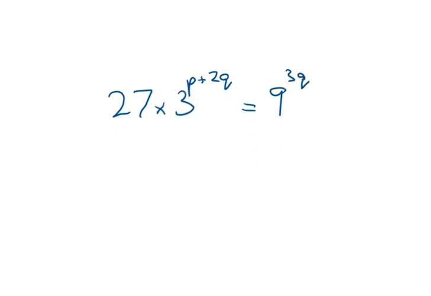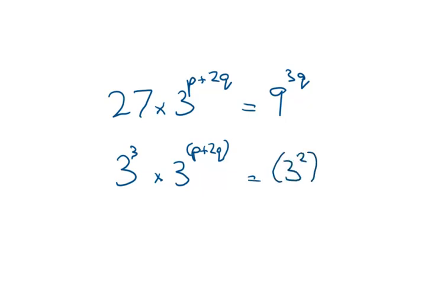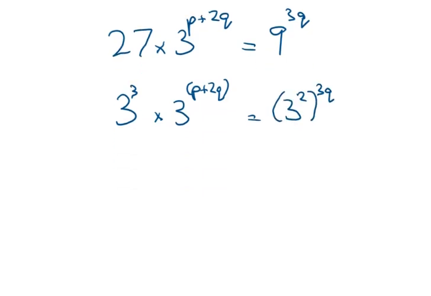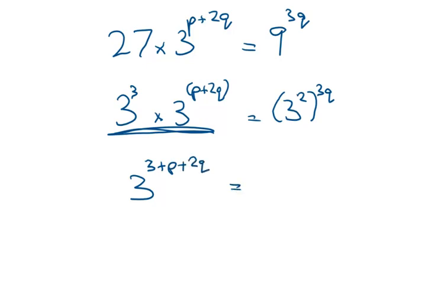Right, so 27 times 3 to the p plus 2q is equal to 9 to the power of 3q. Again, we start off by changing that 27 to 3 cubed. We'll leave this alone. We might pop it into brackets, and the 9 is 3 squared. So we do a wee bit of cleanup. On the left-hand side, we've got 3 to the power of 3 plus p plus 2q is equal to 3 to the power of 6q.